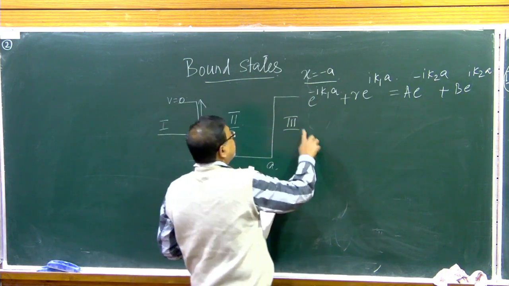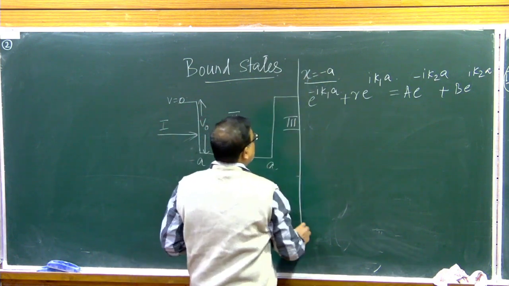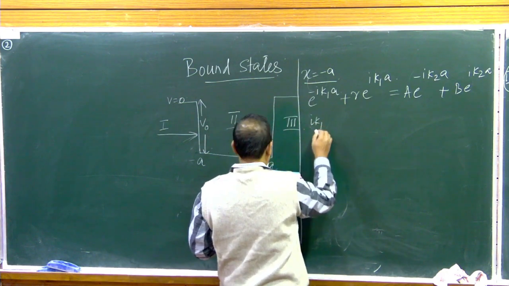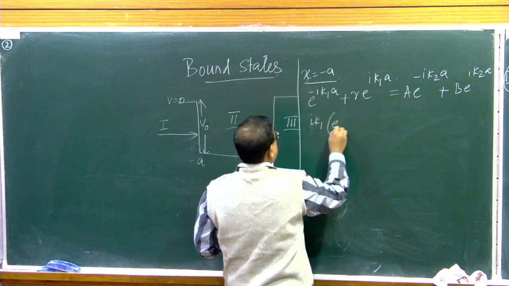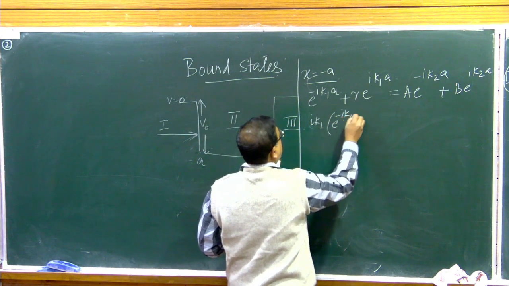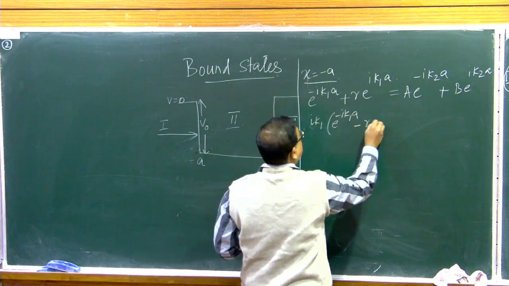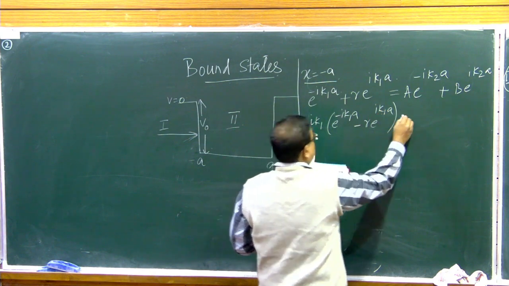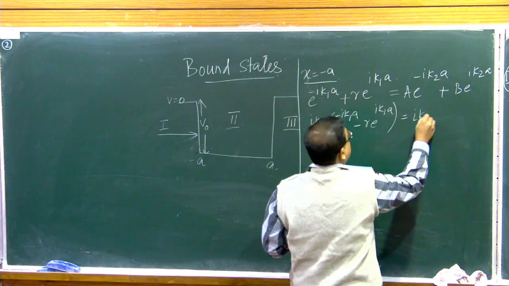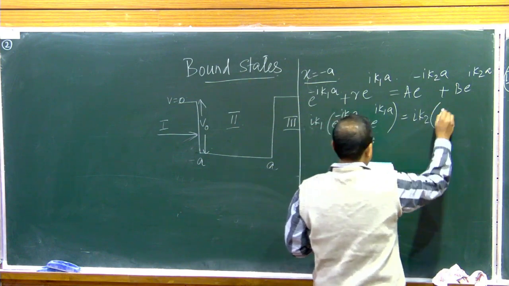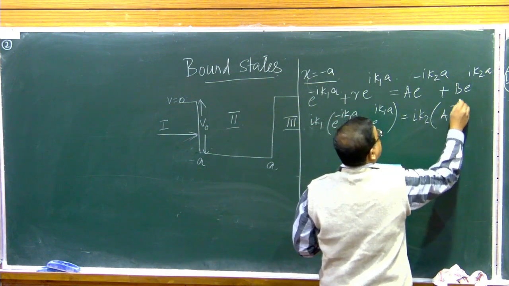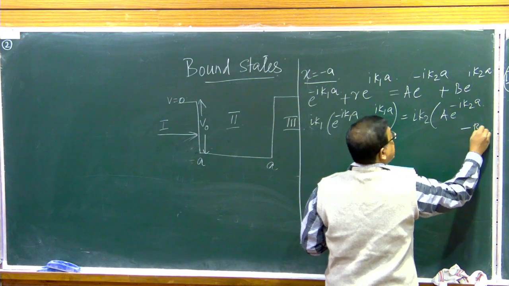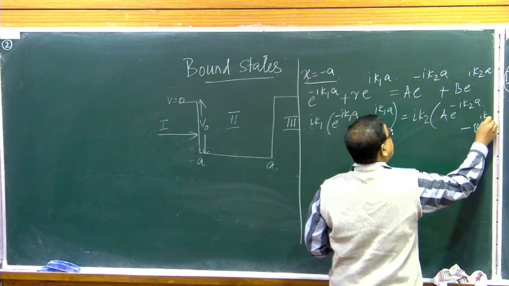Now I'll match d psi dx, which gives i k1 times exponential minus i k1 a minus r exponential i k1 a. This is equal to i k2 times a exponential minus i k2 a minus b exponential i k2 a.